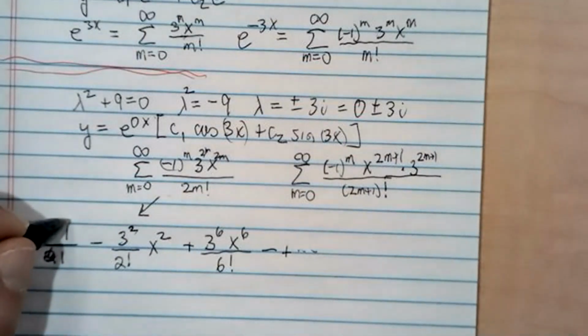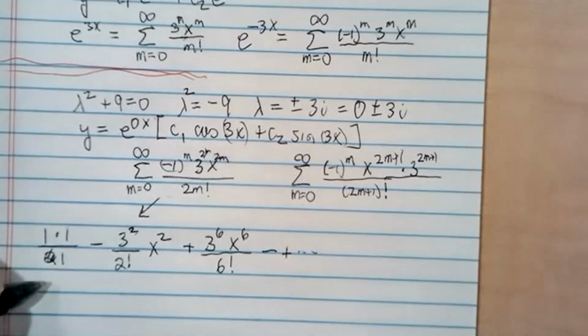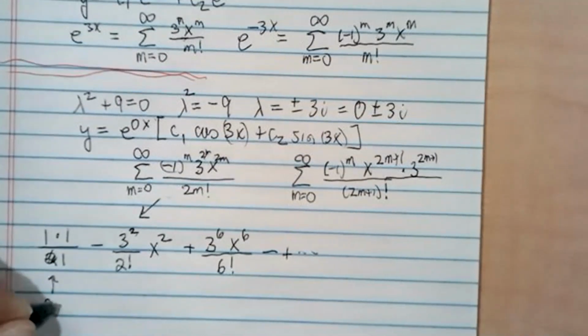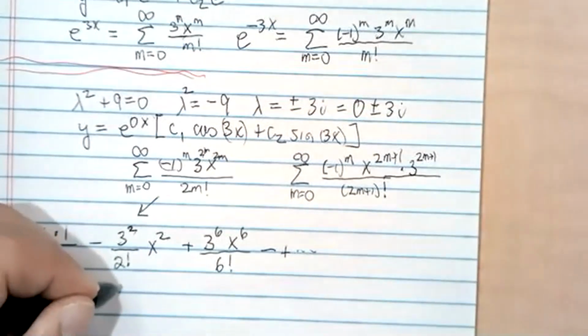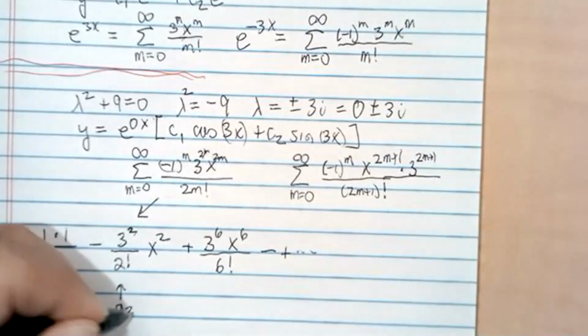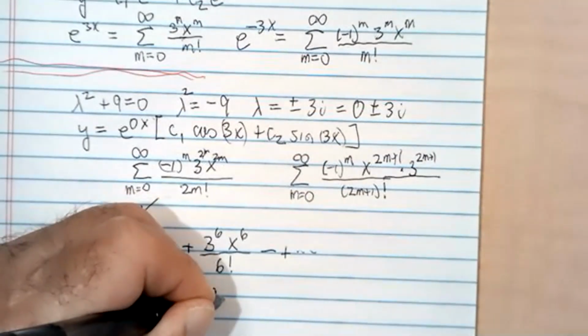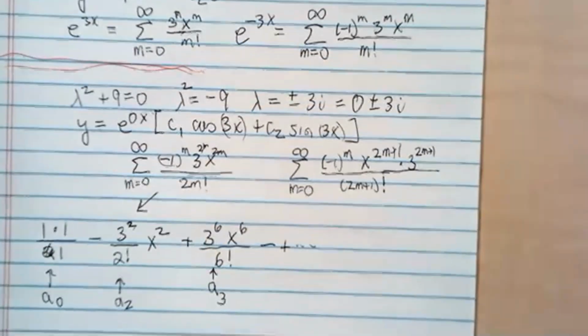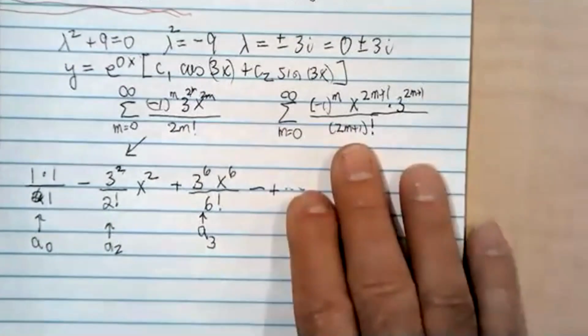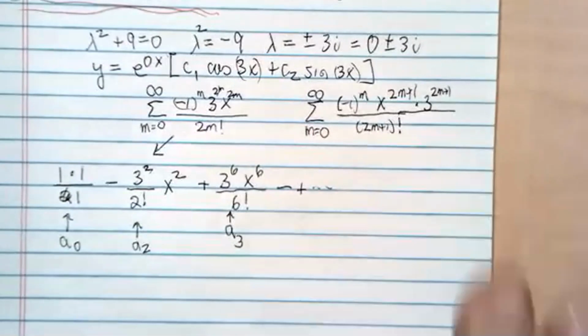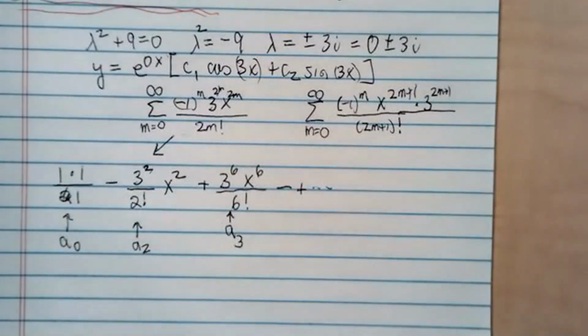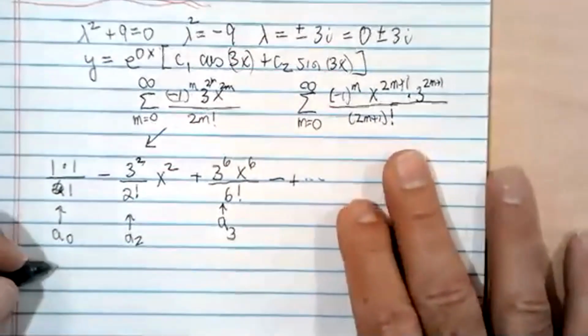Oftentimes, things get a little bit tricky for 2 reasons. Number one, this is going to be the A0, and that's going to be A2, and that's going to be A3. The other series, you're going to get a series that's going to split into even and odd series.